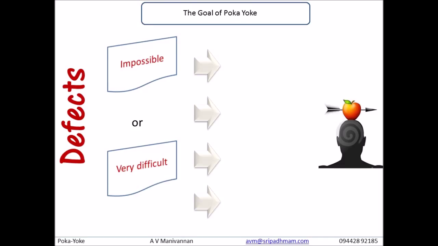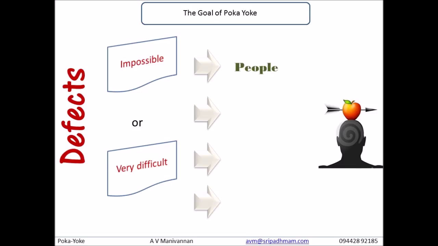The ultimate goal of Poka Yoke, dealing with defects: let us try to make defects impossible, or at least very difficult to commit. How?